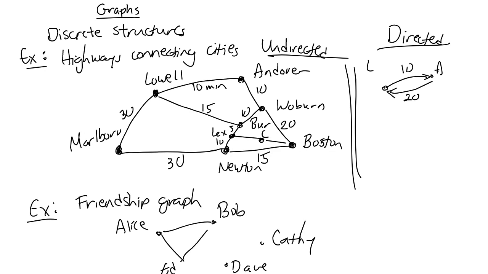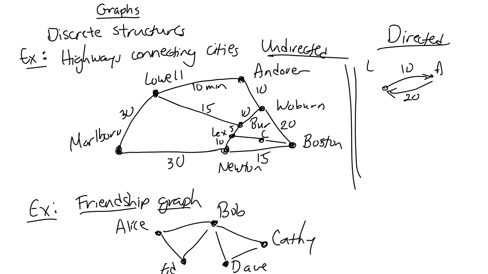And Bob might know Ed and Kathy. So we might have something like this. And this tells us, if we look at these 5 people, who is friends with whom. It looks like everybody likes Bob, and the other people seem to be split up into sort of 2 cliques.